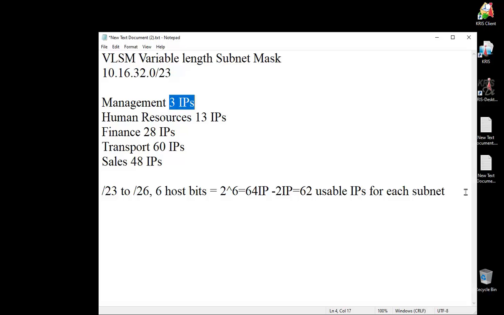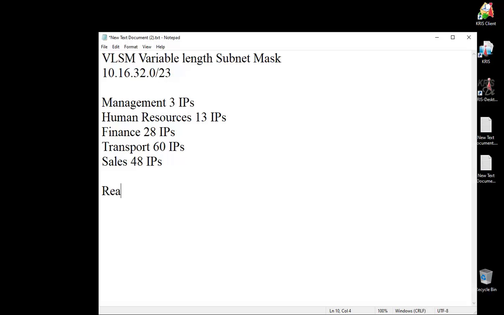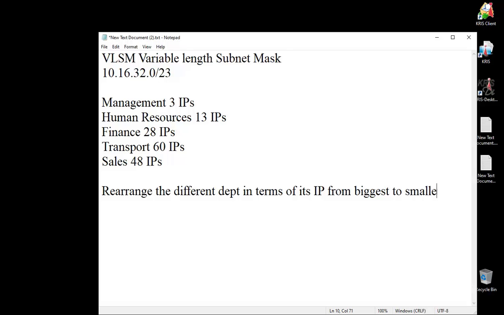So before we start our variable length subnet mask, one good practice is to always rearrange the different departments in terms of their IP address requirements from biggest to smallest.